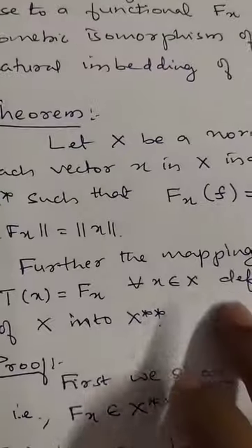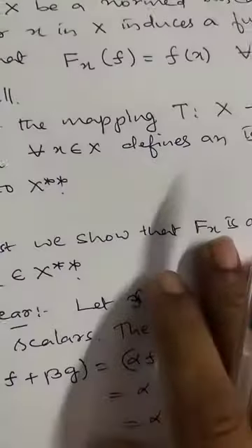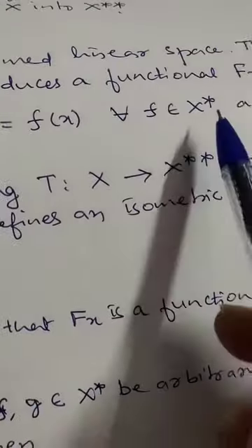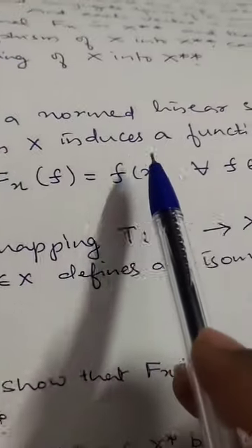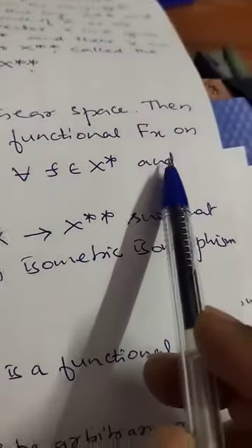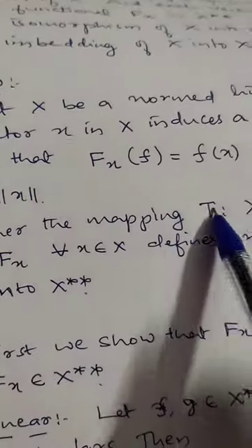So suppose X is a normed linear space, and then each vector x in X induces a functional fx on X star, such that fx of f is f of x.